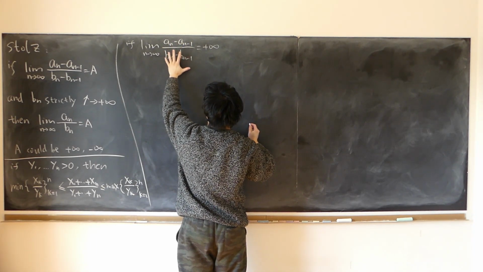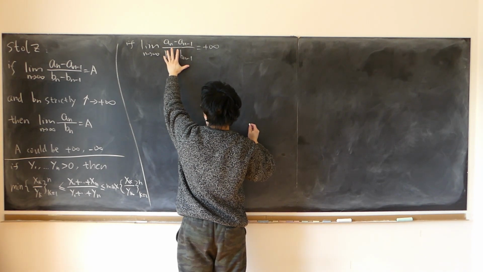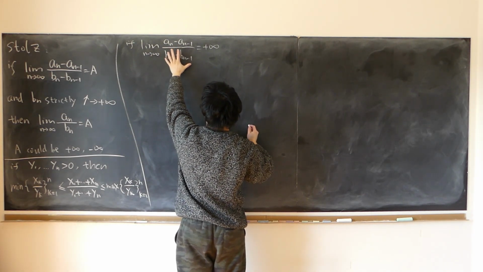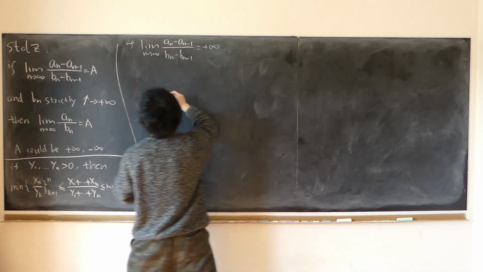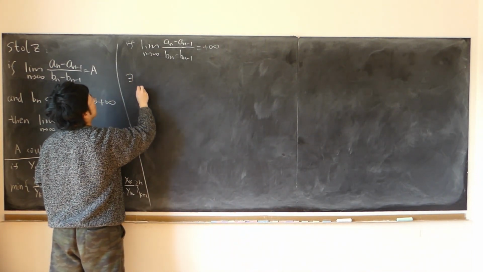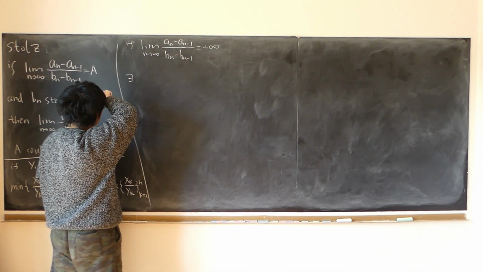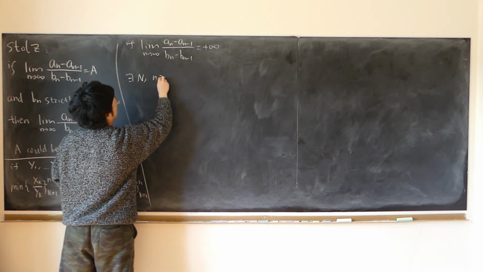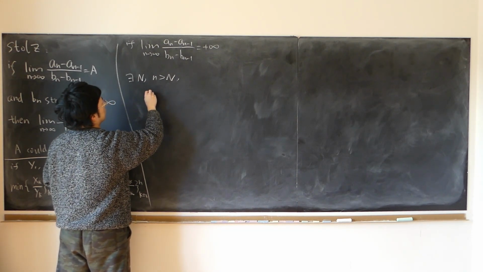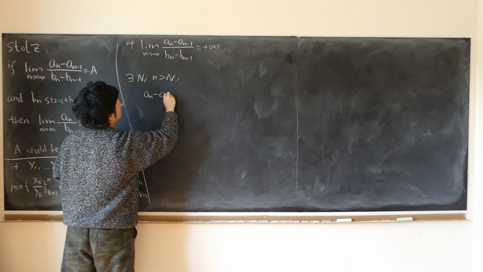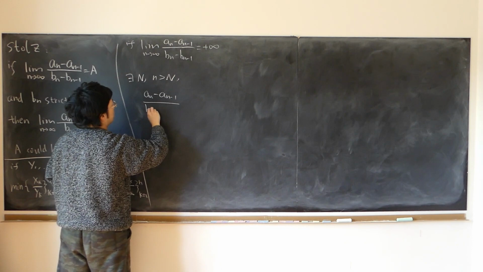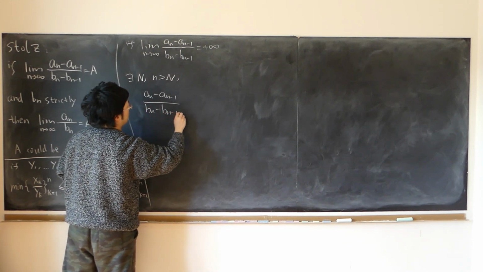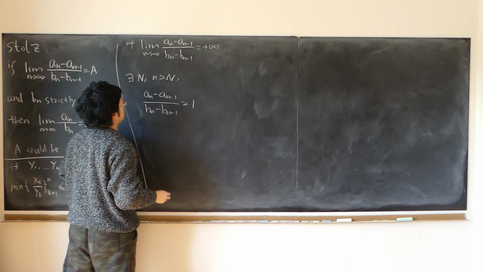Can it be larger than 1? Of course. It's larger than any number, so it can be larger than 1. So there exists a capital N such that as long as little n is larger than capital N, then (an minus an minus 1) over (bn minus bn minus 1) has to be bigger than 1.